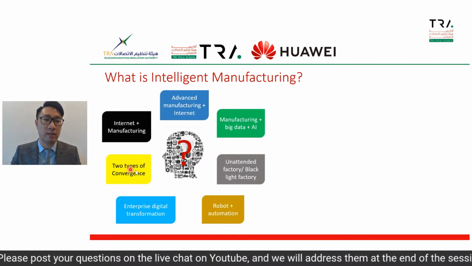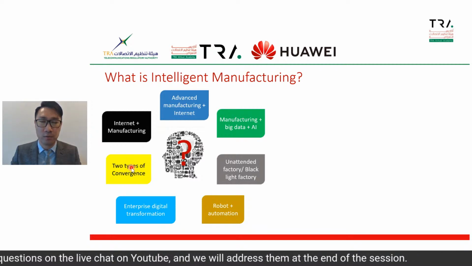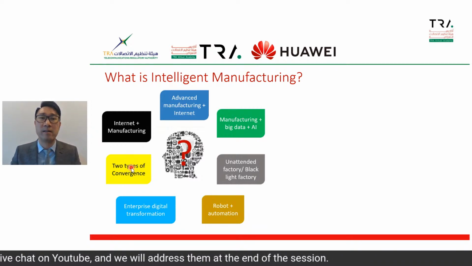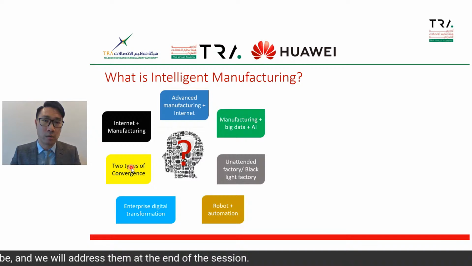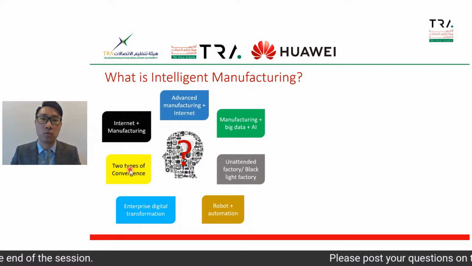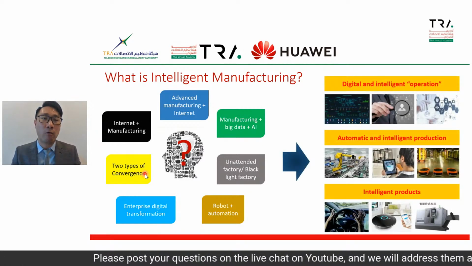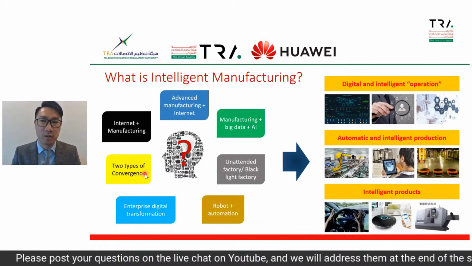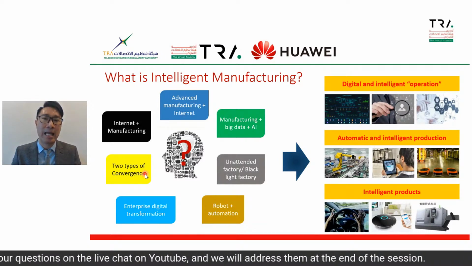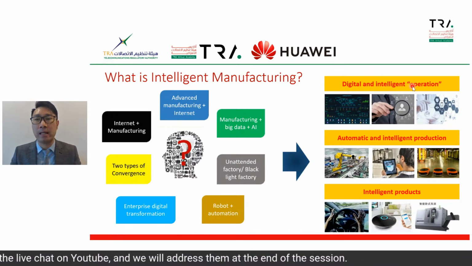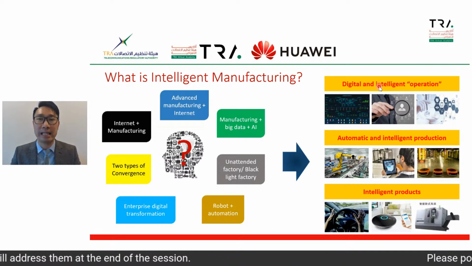And here we have the two types of convergence. What it means is the physical world and the digital world. So you will have a convergence of these two worlds. And the outcome of this intelligent manufacturing is you can make the operation become digital and intelligent.